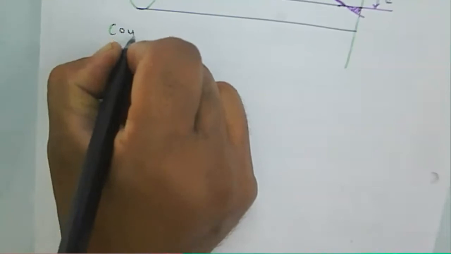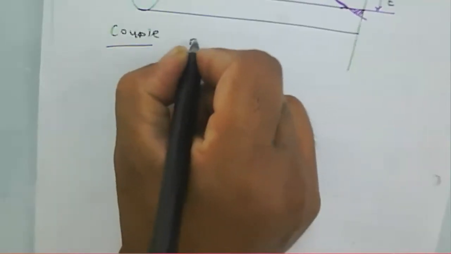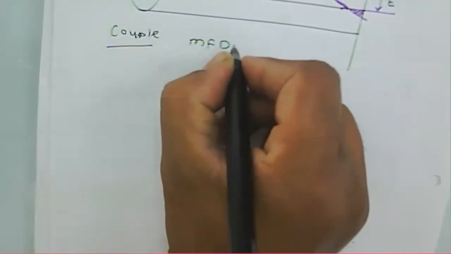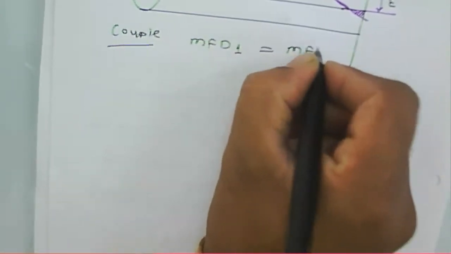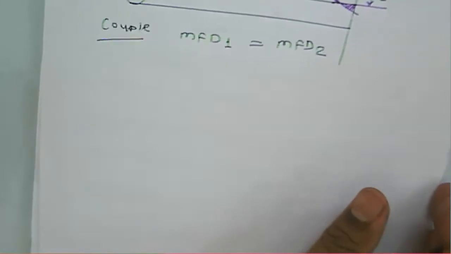When we couple the fiber, in that case the mode field diameter of fiber 1 is equal to the mode field diameter of fiber 2.